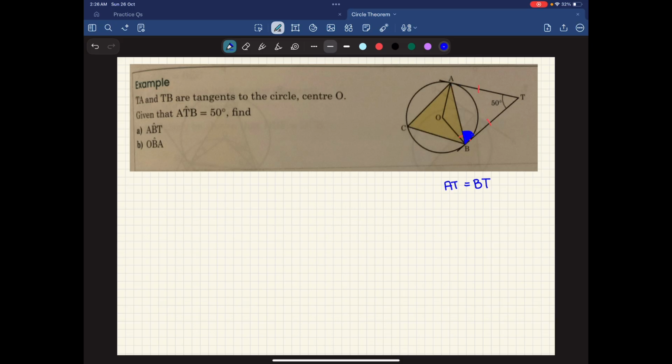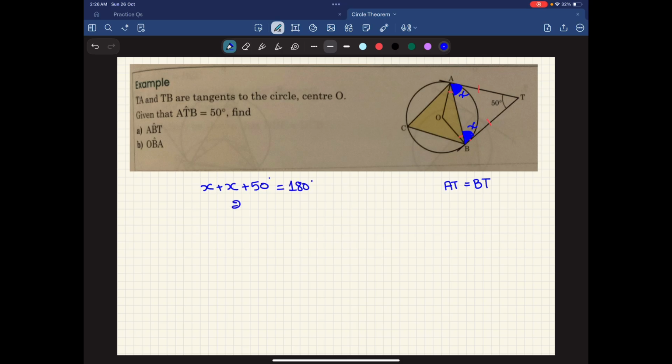So let's assume that this angle is x and therefore this angle will also be x. So now we know that the sum of the interior angles of a triangle is 180. So 2x plus 50 should be 180 degrees, right?